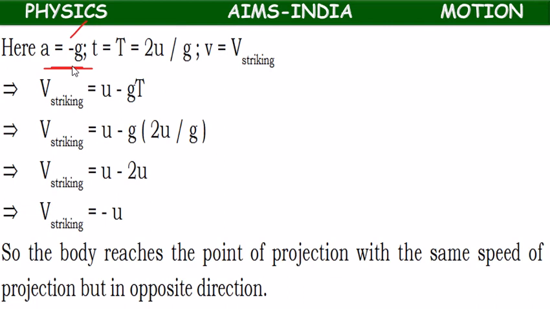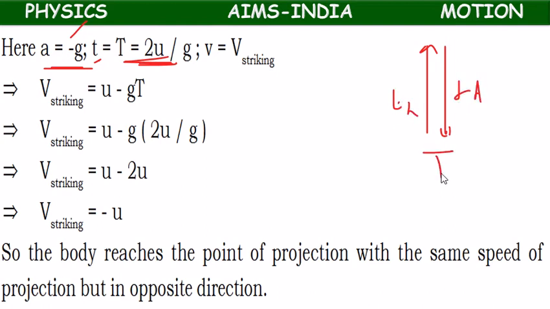In place of time, because the body reaches the point of projection after the time of flight, which is time of ascent plus time of descent, we will take the time of flight, 2u by g.